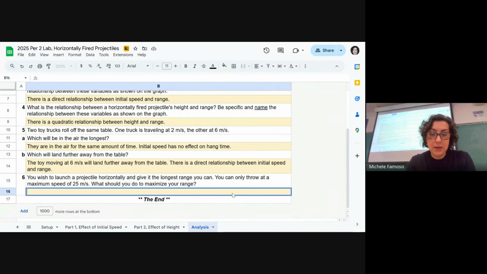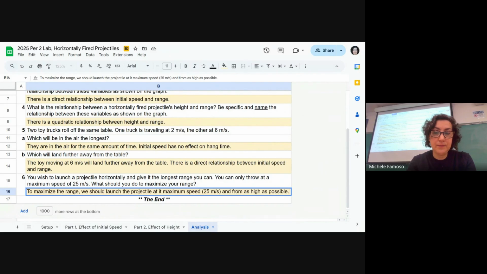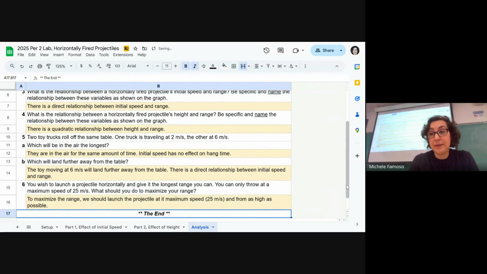So to maximize the range, we should launch the projectile at its maximum speed, which is 25 meters per second, and from as high as possible. That's it.